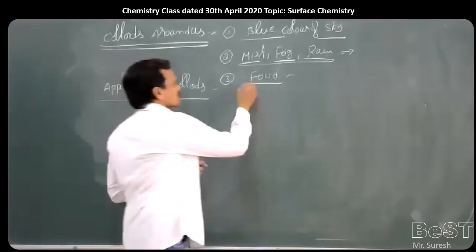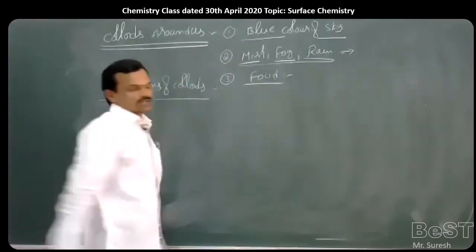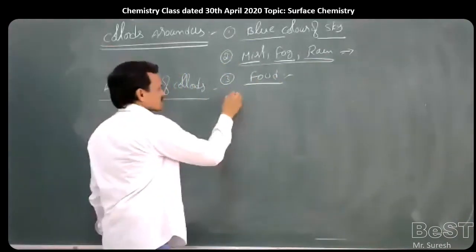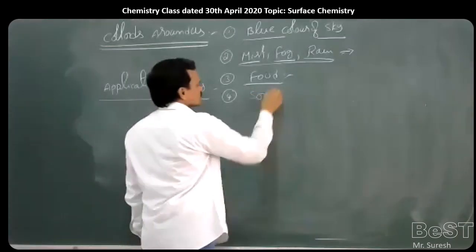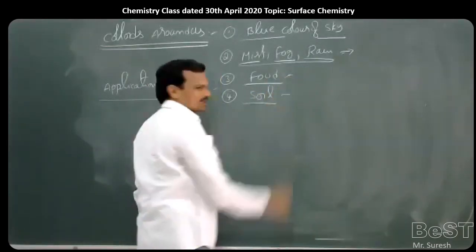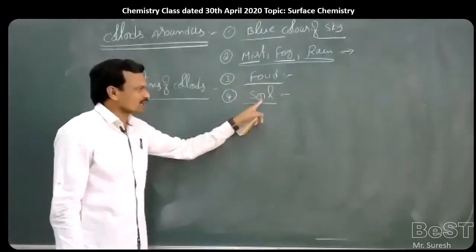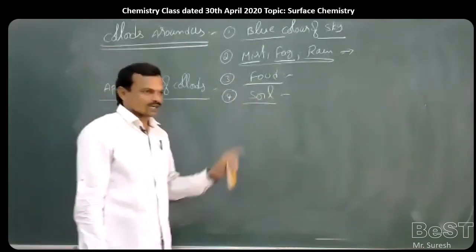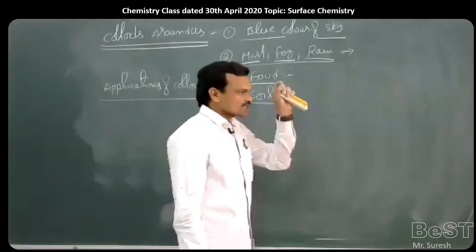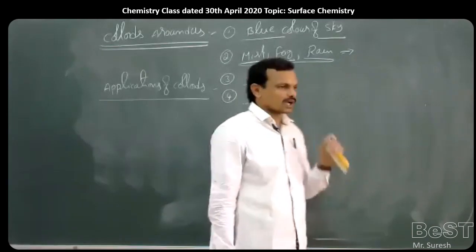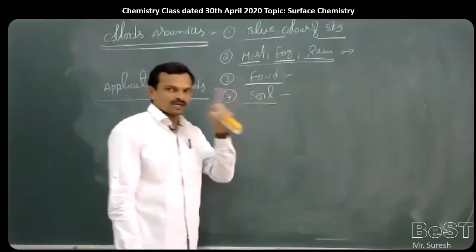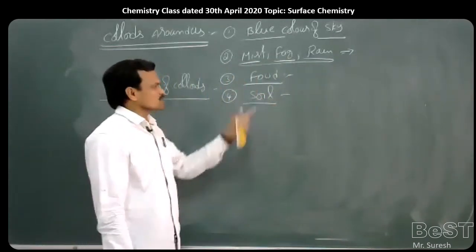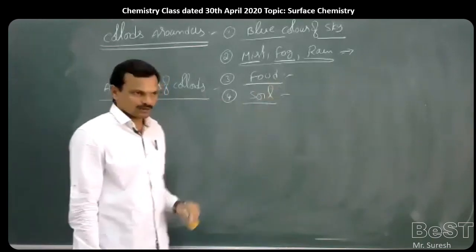So all these are examples of colloidal solutions only. Next, soil, fertile soil. Fertile soil contains humus. That humus can keep the soil colloidal solution stable. Soil is nothing but a colloidal solution which contains humus.